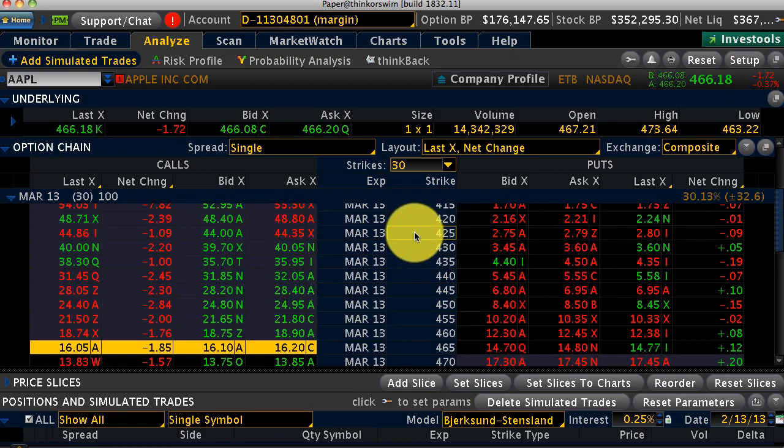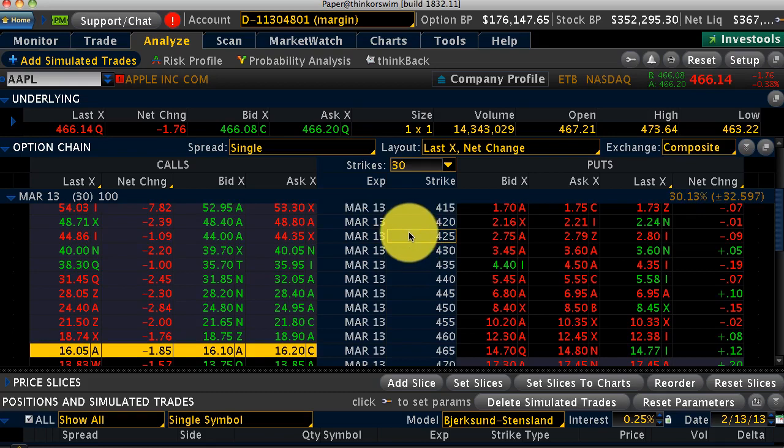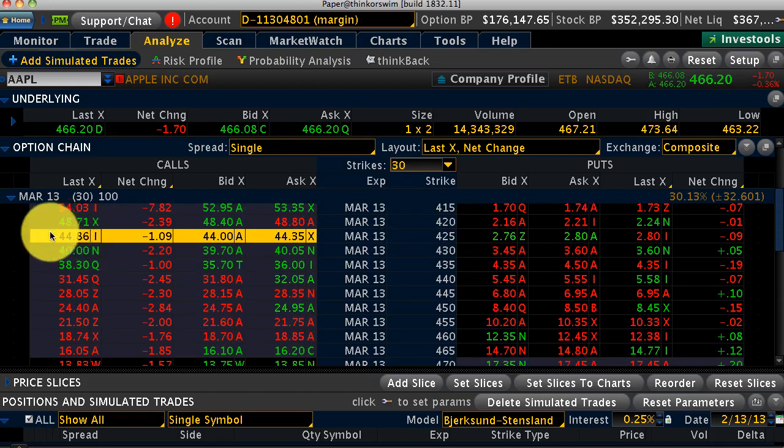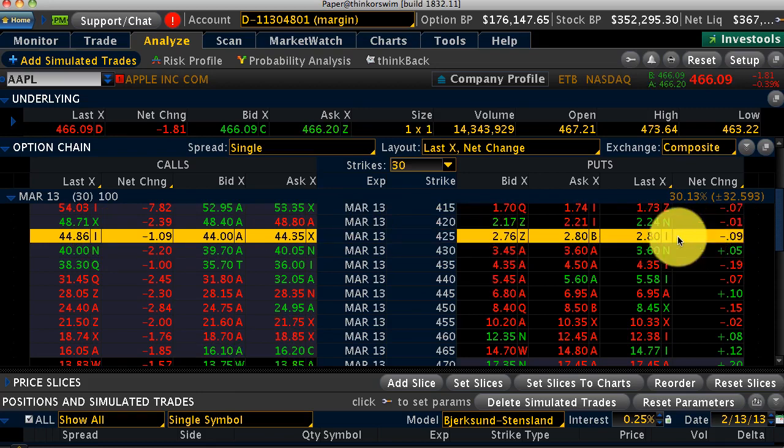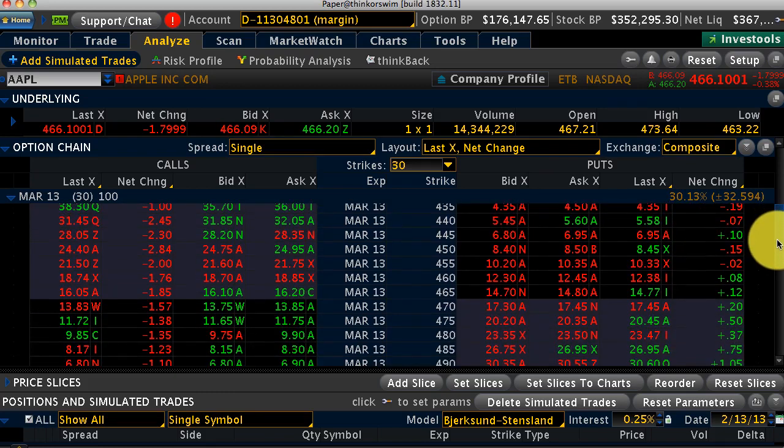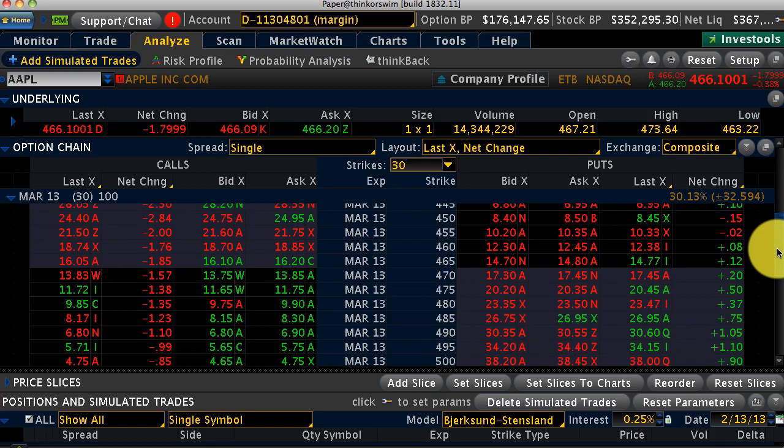So let's compare. I think we took the example of the 425 call. So the 425 call is in the money, and you can see that the price is $44.86. Now the 425 put is going to be out of the money, and you can see the cost of that option is about $2.80. Similarly, the at the money options, you may not find a whole lot of difference.